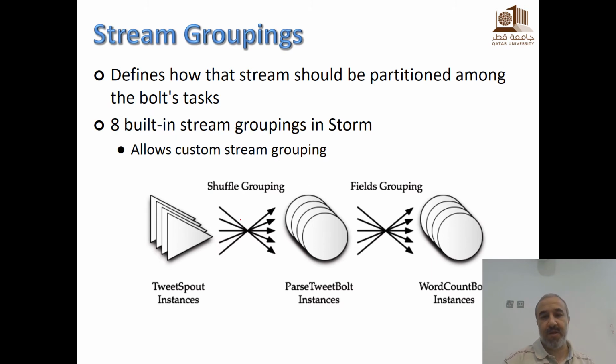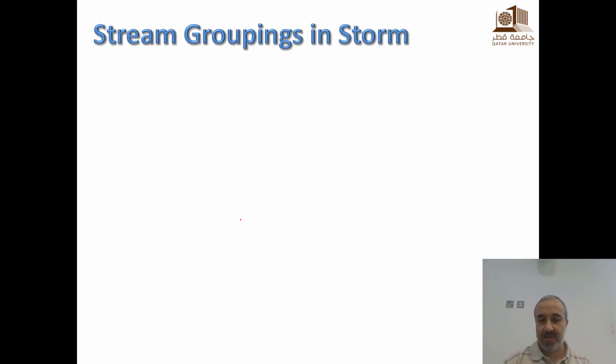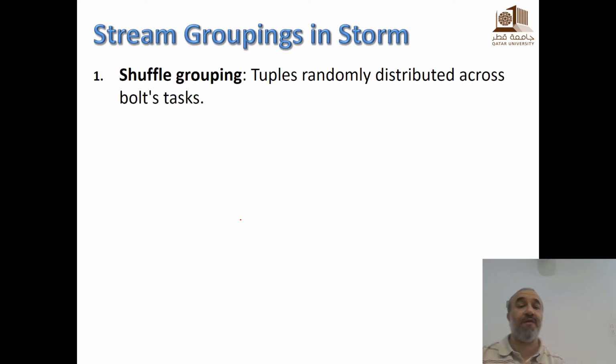What are the 8 different built-in groupings? The first one is called shuffle grouping, which means that the data will be distributed randomly among the tasks. Will that benefit us in our example? In our example, how many streams do we have?